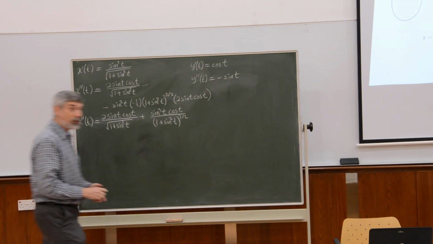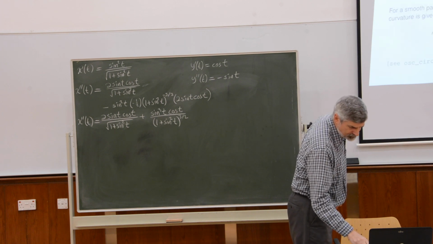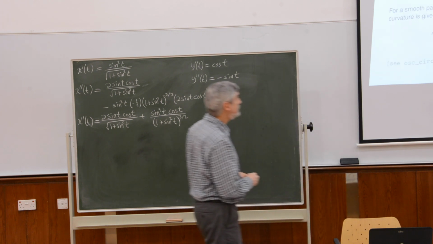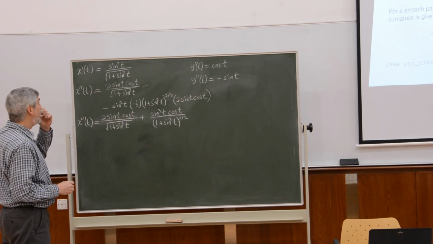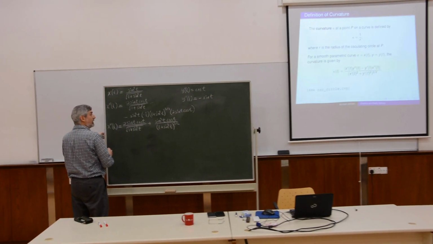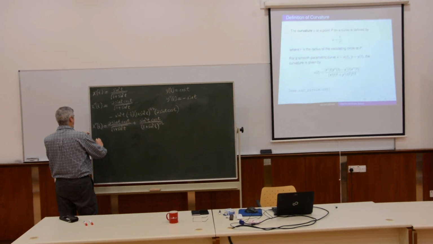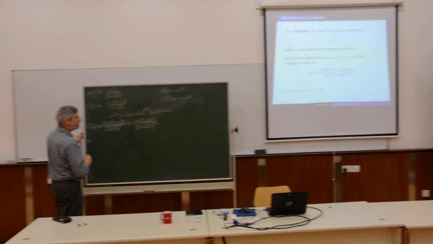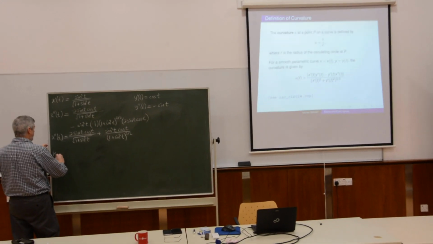Okay, now we need our formula for the curvature. So we have to take x prime times y double prime. There's also the denominator, right? Let's do the numerator.